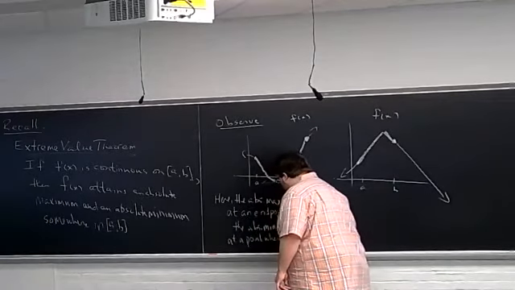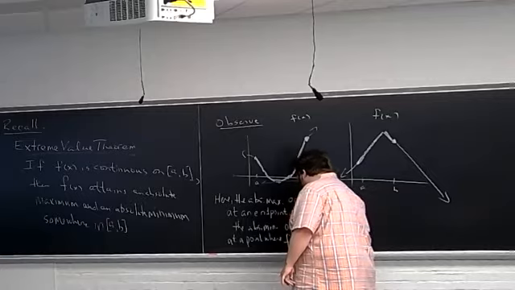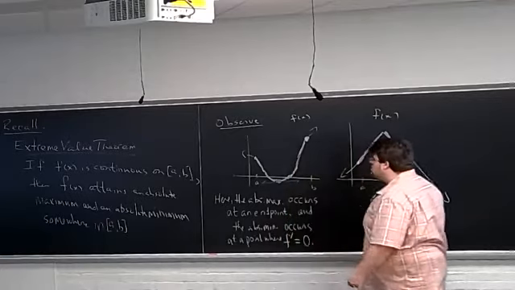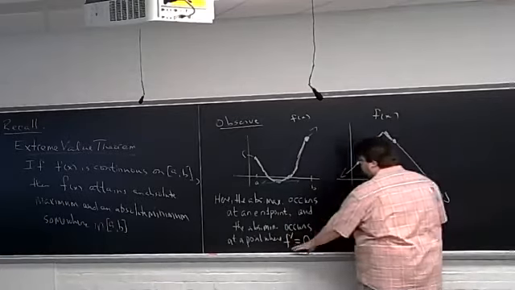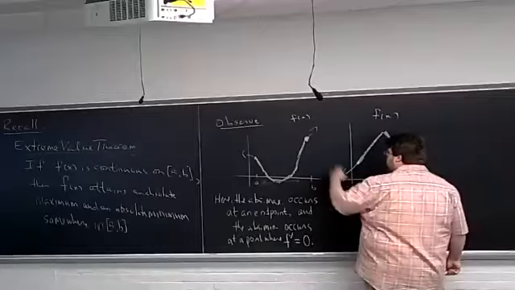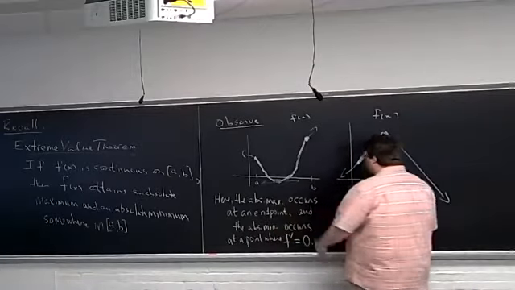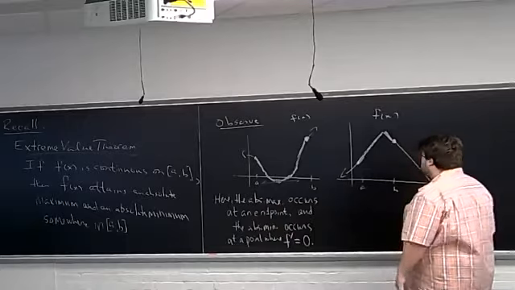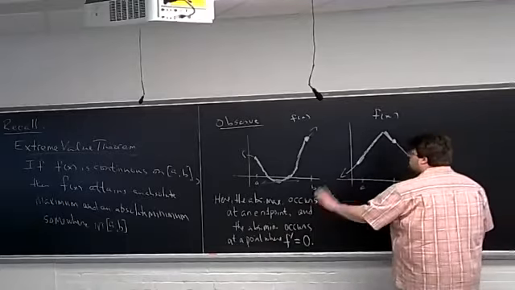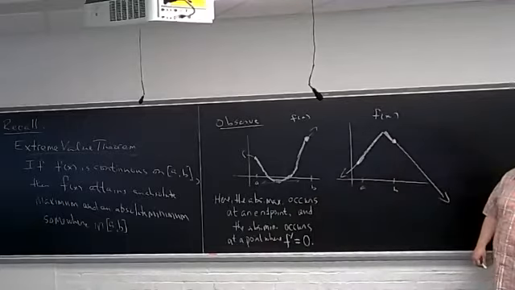I'll just say f prime equals 0. So the largest y value occurs at an endpoint in this case, and the smallest y value occurs at a point where the derivative is 0. Any questions about that first observation?